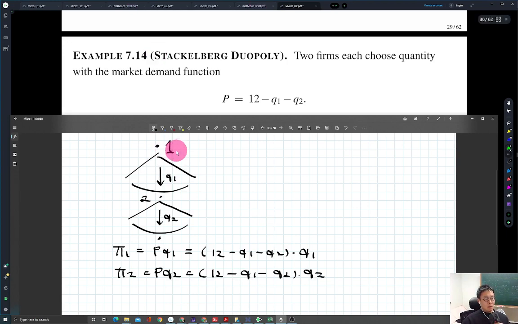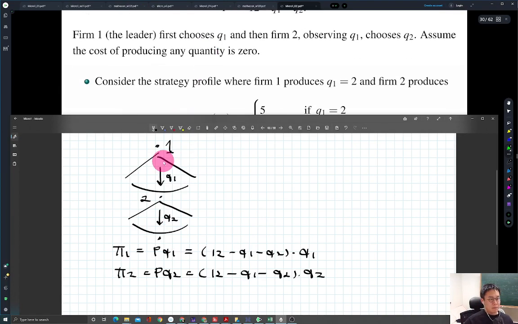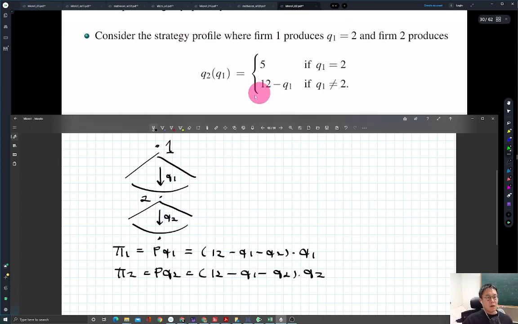In this dynamic game, firm 1 chooses first and firm 2 chooses next. We consider the following strategy profile. Firm 1 produces 2 units, and firm 2 responds by producing this amount of units. Now, if we think about firm 2's strategy, there are infinitely many information sets for player 2, because each choice by firm 1 induces one information set.